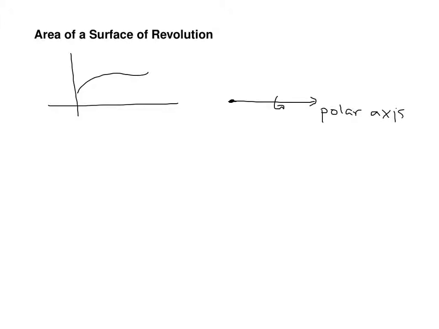The final thing we will consider is the area of a surface of revolution. So we have some curve, and let's suppose first of all we have rotation about the polar axis. The way I would think about surface area is this: you have a little slice, and the first thing you have to do is find the circumference of that slice, so 2 pi r, and then the length of that slice.